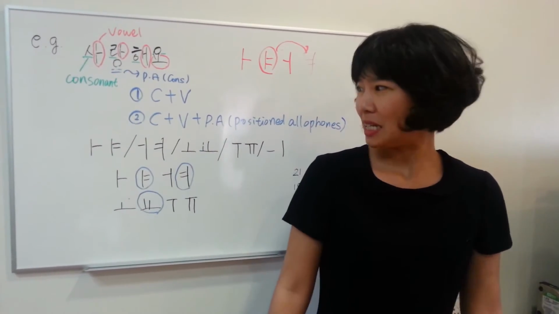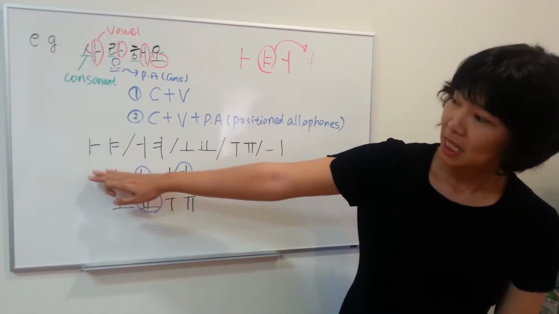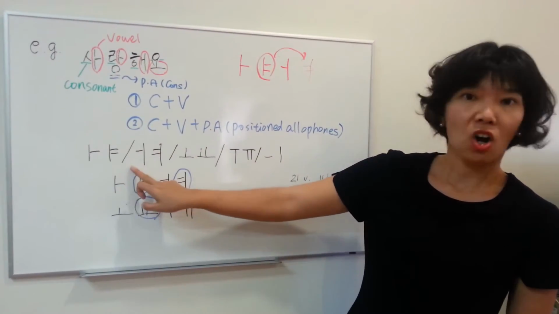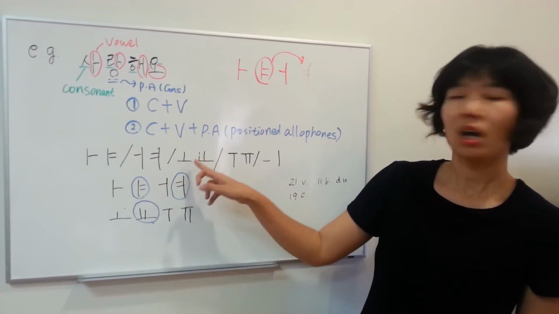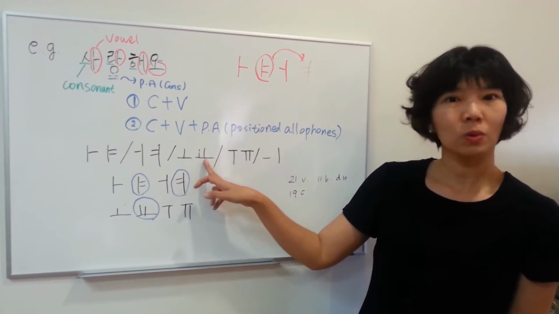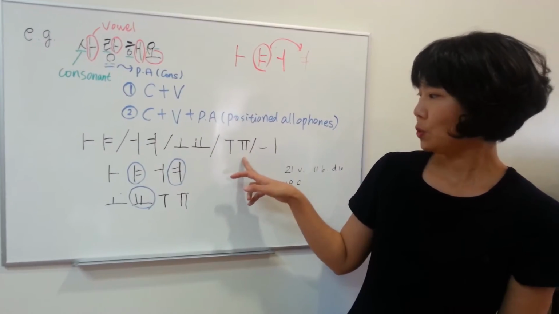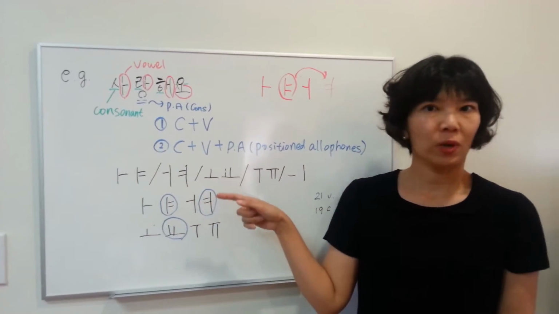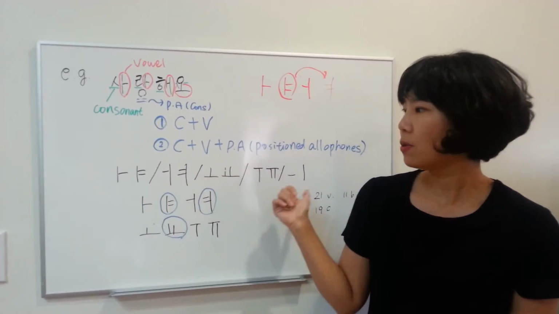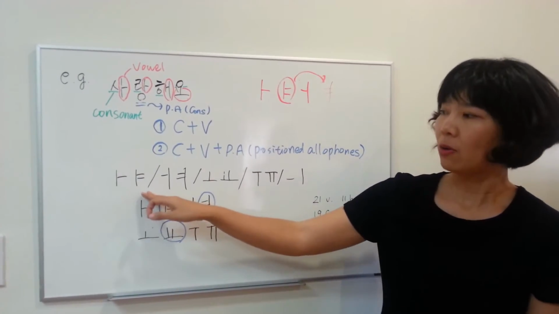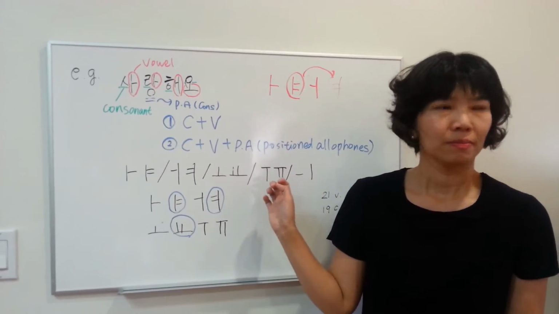So, I'm going to start from these vowels: a, ya, 여, 오, 유, 오, 요, 우, 유, and 이. One of the easiest ways that you can remember these vowels is to remember the similar vowels as pairs.